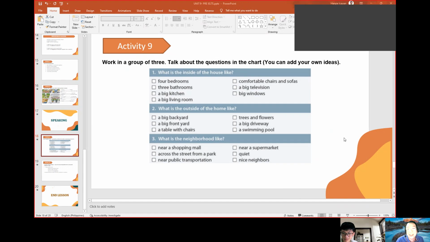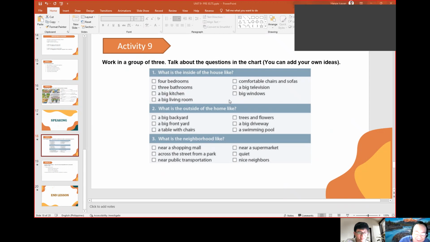Instead, I'm going to be your partner, but I want you to do the talking. Talk about the questions in the chart. You can add your own ideas. Do not limit yourself to these ideas.